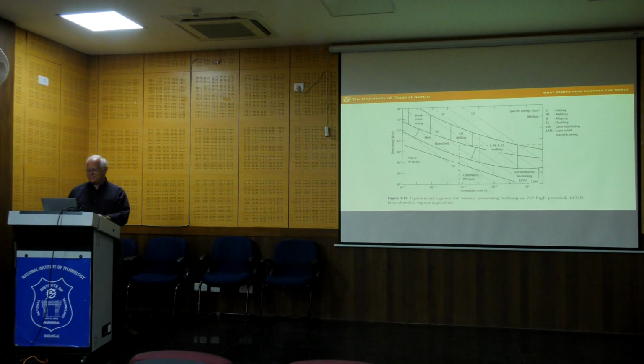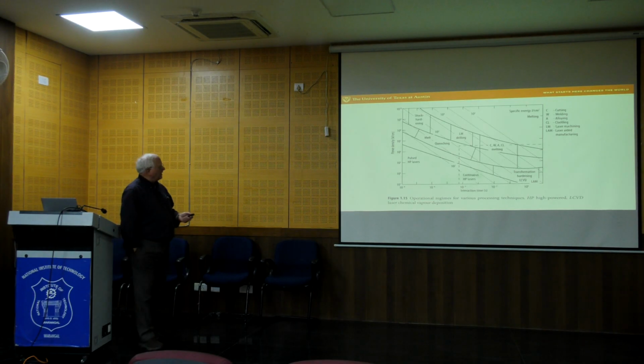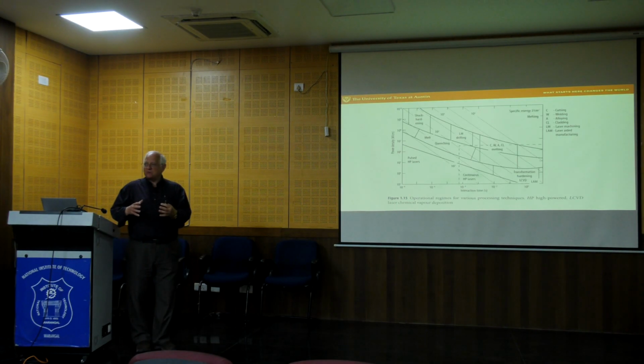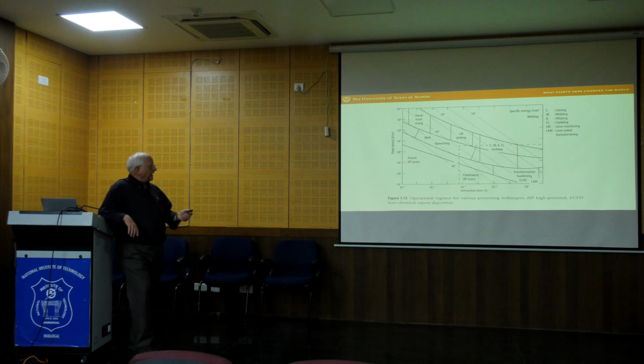This is a plot that shows the power density of the laser versus the interaction time, what the exposure of the laser on the part is. And it shows really all kinds of laser manufacturing. So we have shock hardening, melt quenching, drilling, various kinds of melting. And notice that additive manufacturing is way down here.